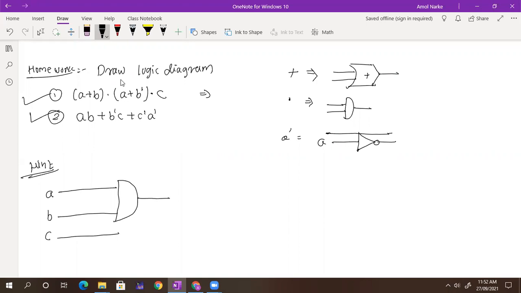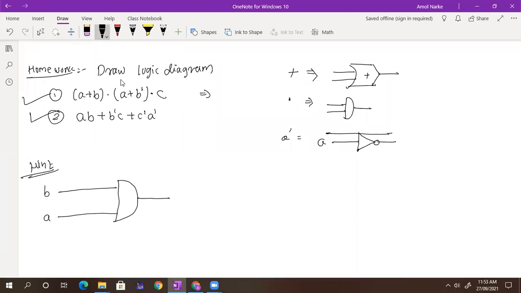Then we have dot with A plus B complement. So we also need A and we need B. For that purpose, we need to rearrange that. So I just write down B here, A here, and C somewhere below.